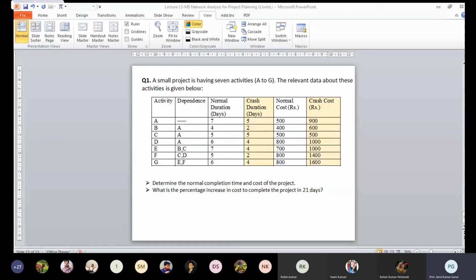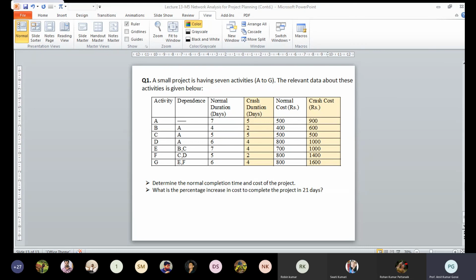That means you require 5 weeks of crashing. You have to crash the activity times of some activities by 5 weeks so that the project is completed within 52 weeks, and with as little cost burden as possible. So you have to reduce the activity durations at optimal cost.